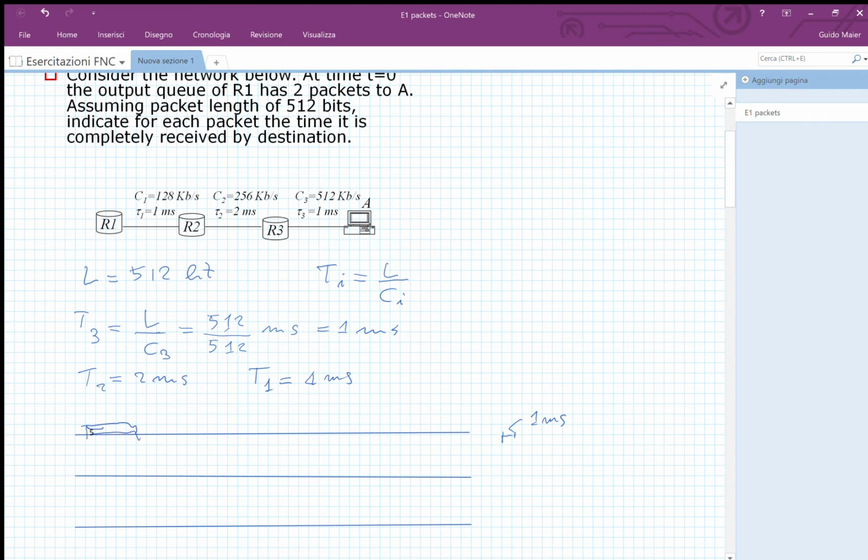This is the first packet. That should be 4 squares. And then you have the second packet that is transmitted right after.